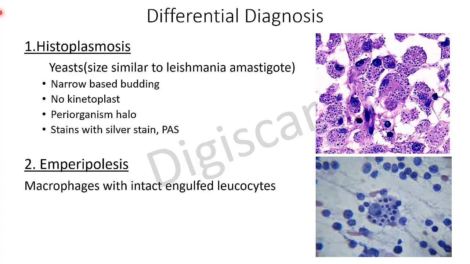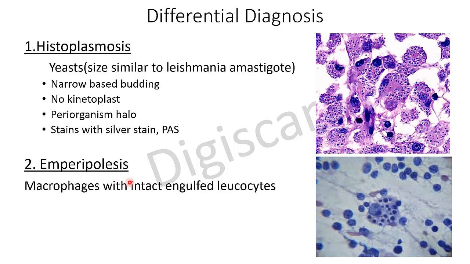However, unlike leishmaniasis, histoplasmosis, being a yeast, can demonstrate narrow-based budding, and it also stains with silver stains and PAS. It also shows a periorganism halo and lacks a kinetoplast. Here in this picture, we can see numerous histoplasma with a periorganism halo.